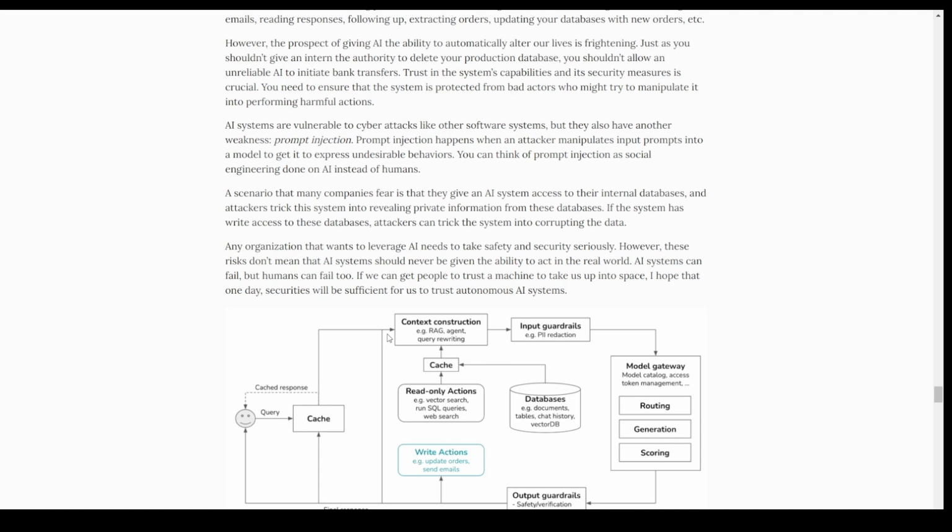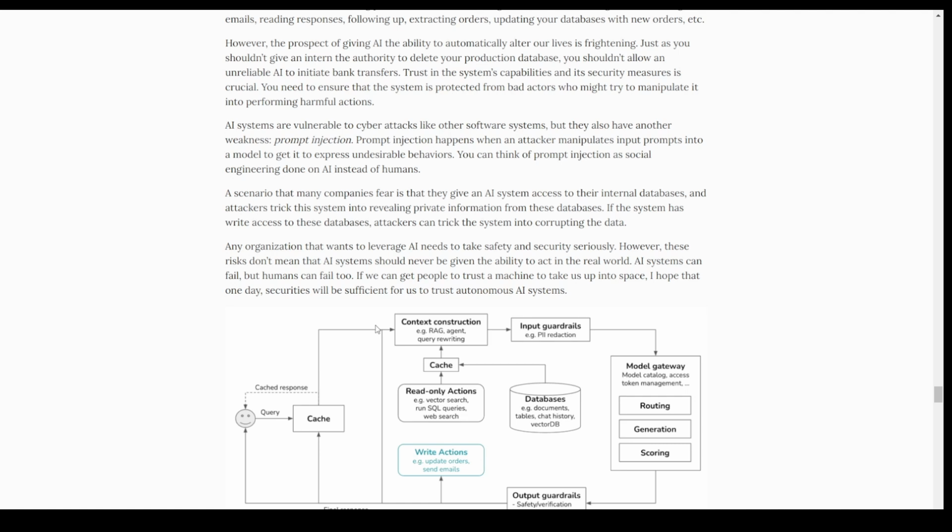Finally, if it's a simple linear output that the user wants, we return the final response to the user. In case it was an agent and we want to do some sorts of write actions, then that output is passed to the write actions that we have. Or in case of a much more complex workflow or multi-agentic system, we might pass that output again to the sets of models or agents that we have for processing and doing the next sets of steps.